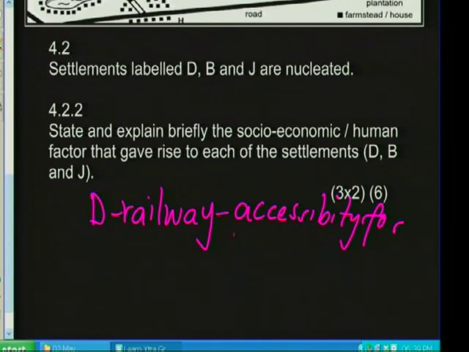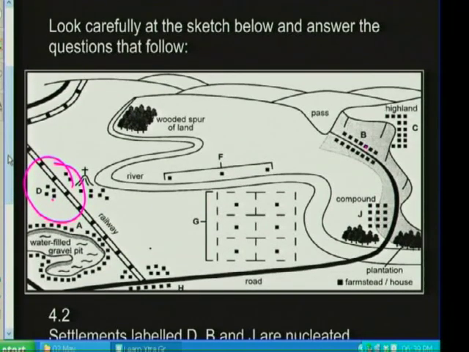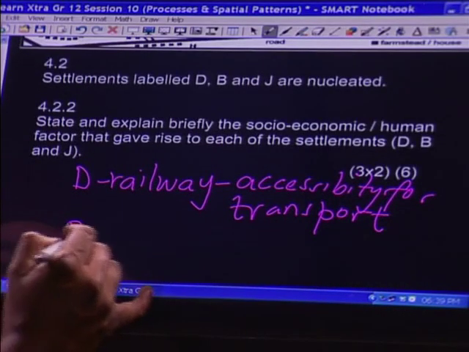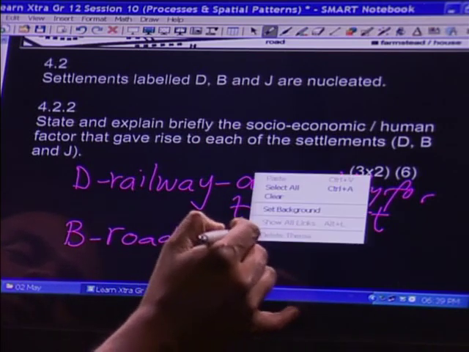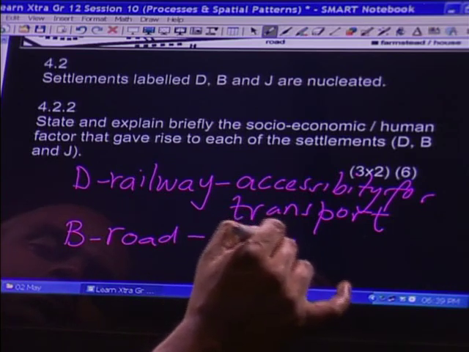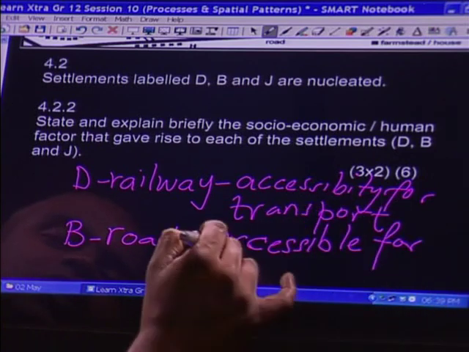Accessible for transport. Let's look at settlement B. Settlement B is located along a pass, and again, the nucleation is created along the road. So in this example, B is the road, and therefore accessible for transport.